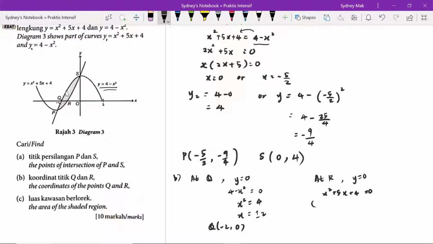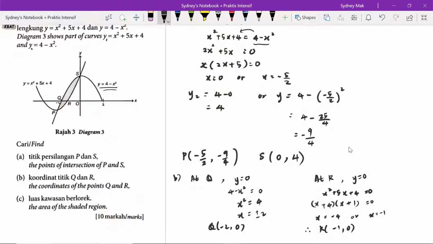Let's factorize this: x and x, 4 and 1, positive. Therefore x is either negative 4 or negative 1. Let's look at the diagram. Since Q is negative 2, R is in between 0 and negative 2, so it must be negative 1. Therefore, R is negative 1, 0.